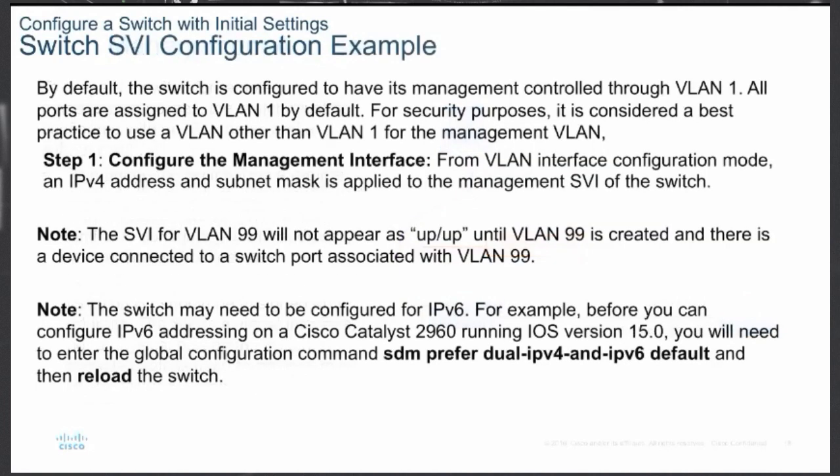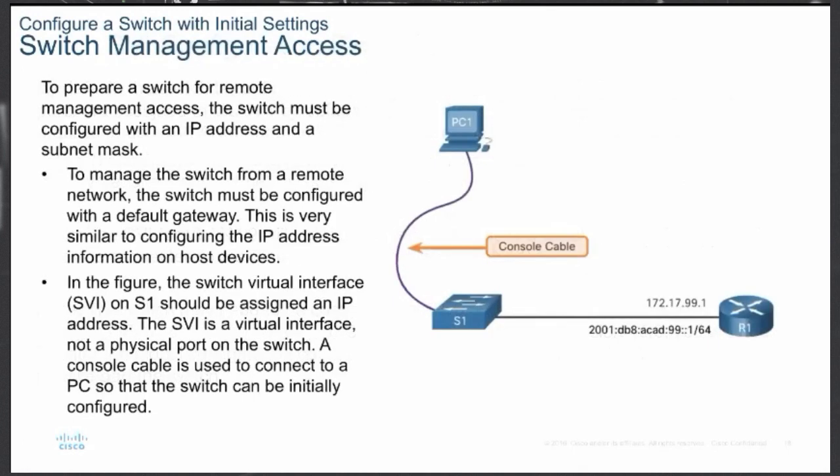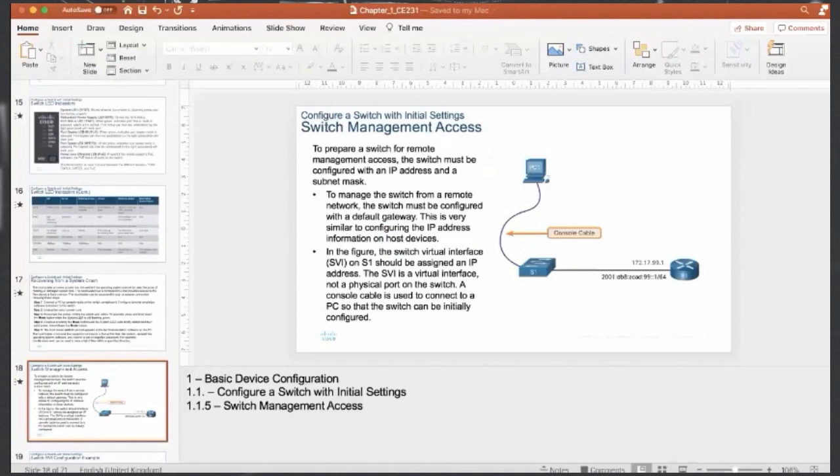Let's try to see that. Let me open Packet Tracer and see what I'm talking about. Are you able to see my Packet Tracer? I believe no. I need to stop share again.